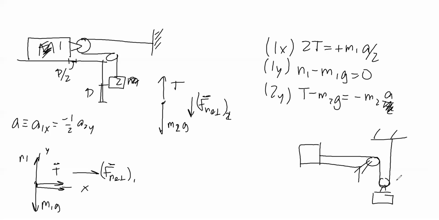This is a different one. It's about the same geometry, but the fact that the moving pulley is on the hanging block will affect the accelerations. Now, the accelerations are flipped. If this is A, this one is A over 2. So you have to make sure to resolve those A's and A's over 2's to work with those.